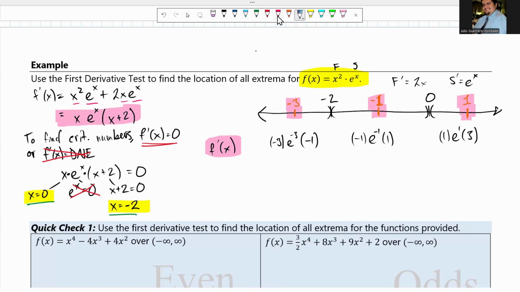So if I take a look at this one, I've got a -3 times a -1, that's going to be positive. And e to the -3 is still positive. So I have two negatives that make a positive, times another positive. This sign is going to be positive.